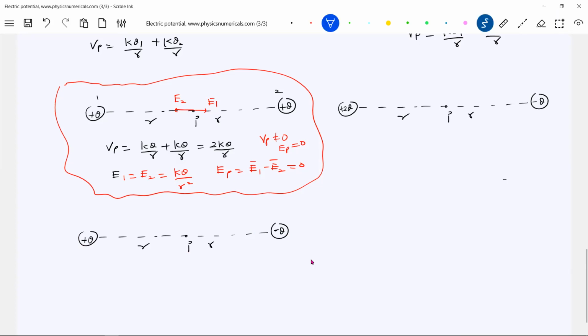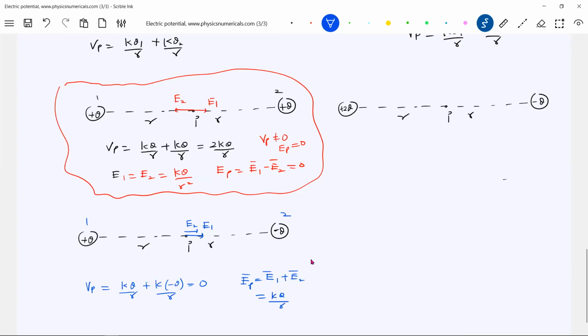Next situation. Let me call this 1. This is 2. Potential at point P is given by KQ by R minus KQ by R. Why this? Because of the negative charge. In fact, it is like this. The resultant will be 0. What about field strength? Due to positive charge, E1 will be towards right. Due to negative charge, also towards right. The resultant field will be E1 bar plus E2 bar.